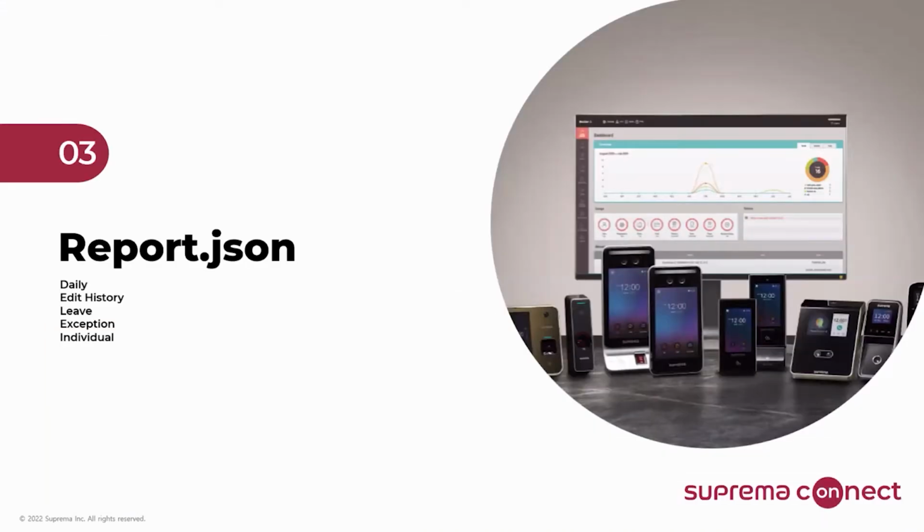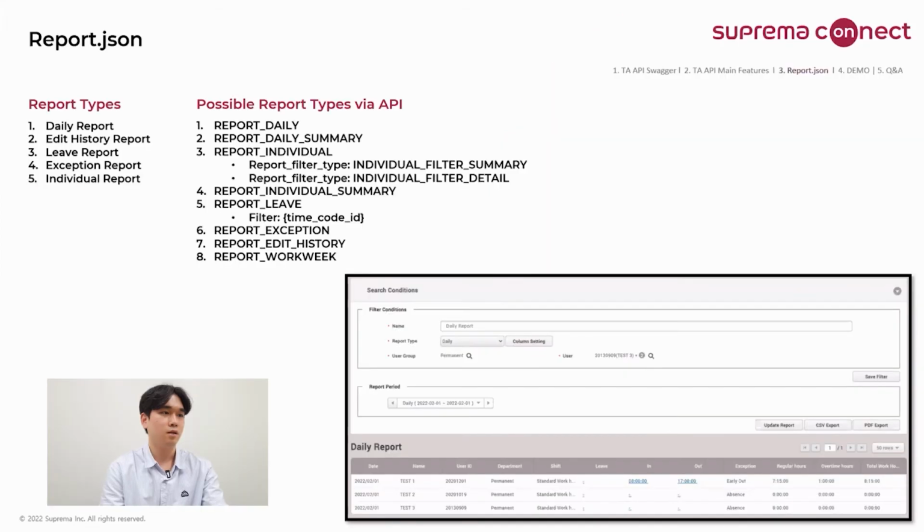The third part of the TA API webinar will be about the report API. With the report JSON API, you'll be able to create different types of TNA reports as you create on your BioStar 2. As I explained in the previous slide, there are 5 big types of reports that can be made by BioStar 2 TNA.